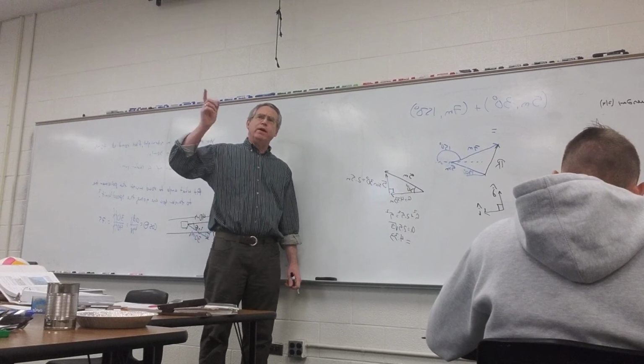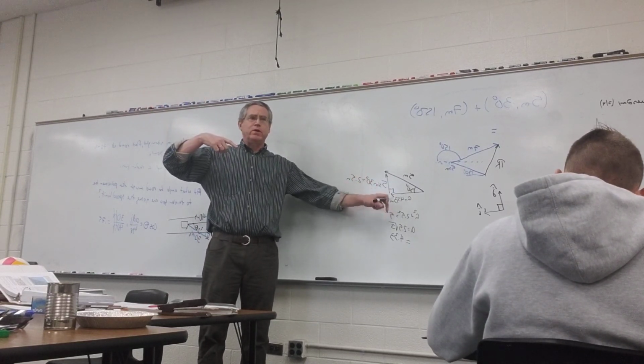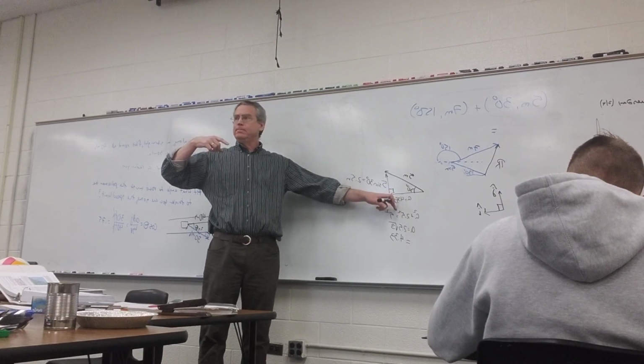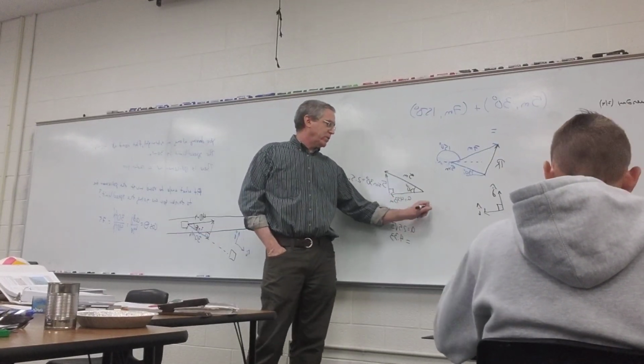What is an alternate way of doing it? Pythagorean theorem works here once you know this one. What's the other way of finding the side? 5 times cosine of 30 degrees. Yep, and that's the other way of doing it.